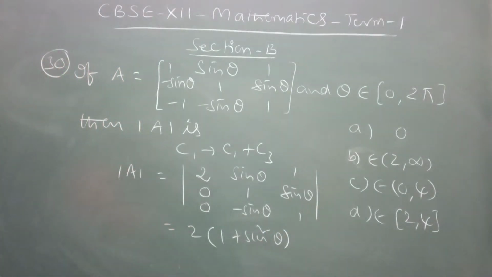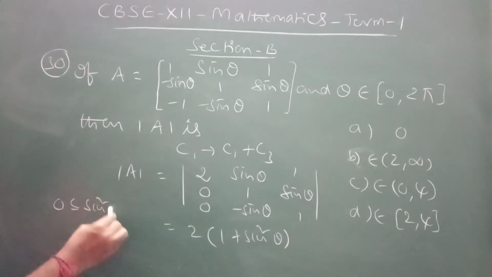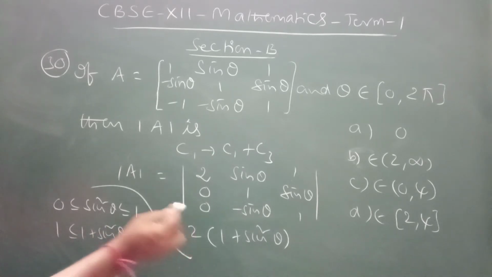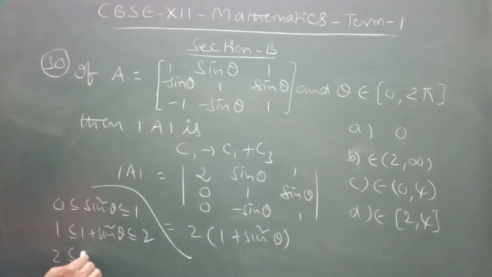But we know that sin square theta lies between 0 and 1. That you can remember: 0 is less than or equal to sin square theta, which is less than or equal to 1. Add 1: 1 is less than or equal to 1 plus sin square theta, which is less than or equal to 2. Multiply with 2: 2 is less than or equal to 2 into 1 plus sin square theta, which is less than or equal to 4.